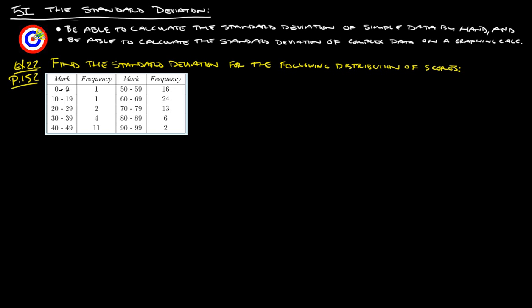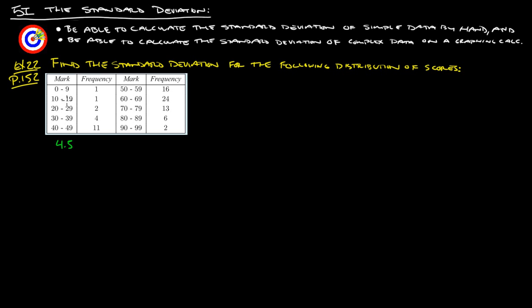Okay, so what we're going to do here is on this continuous type data, that's what this is called when you have from 0 to 9. When you have this continuous data here, what we're going to do is find the average of these. So the average of 0 to 9 is just 4.5.